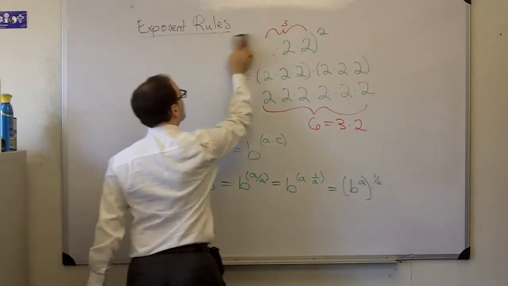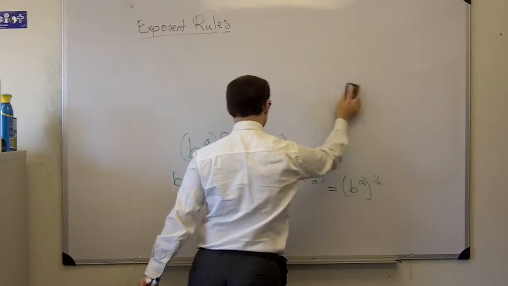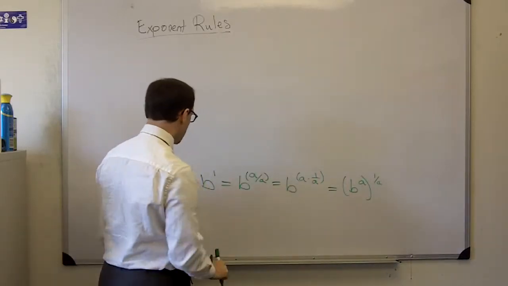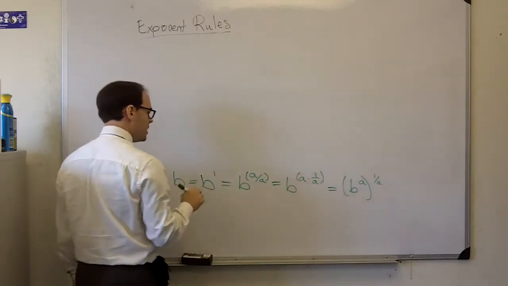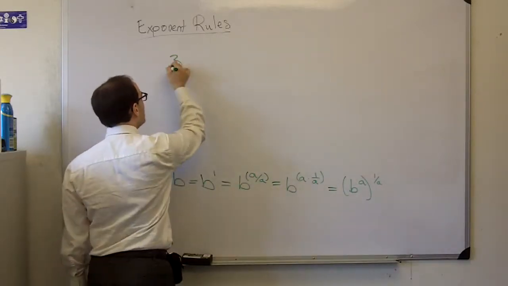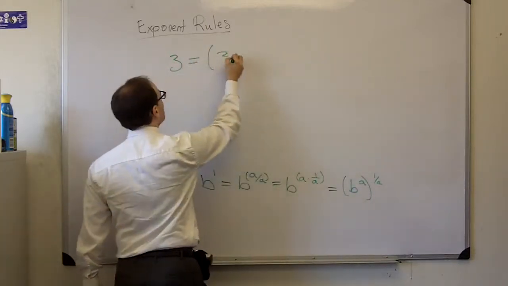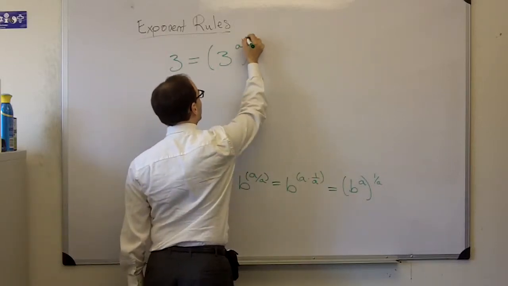So fractions are being a little bit strange. But let's look at it with a specific number. I like 2's, but let me switch to 3's just for fun here. This equation says that 3 is equal to 3 to the a, to the 1 over a.